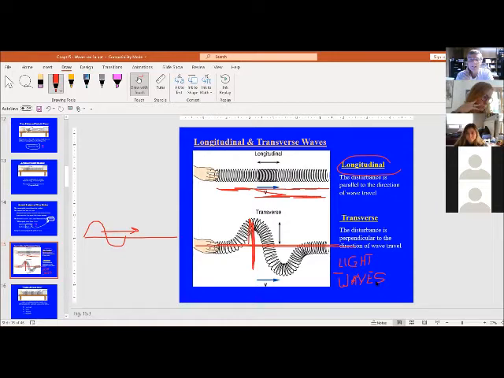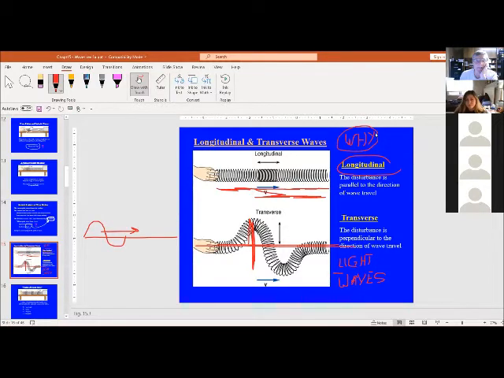I'm not sure I can say more than that. Saying it's made up of transverse waves is not a good answer. I've got to think about that. I'm going to write it here so maybe I'll remember.